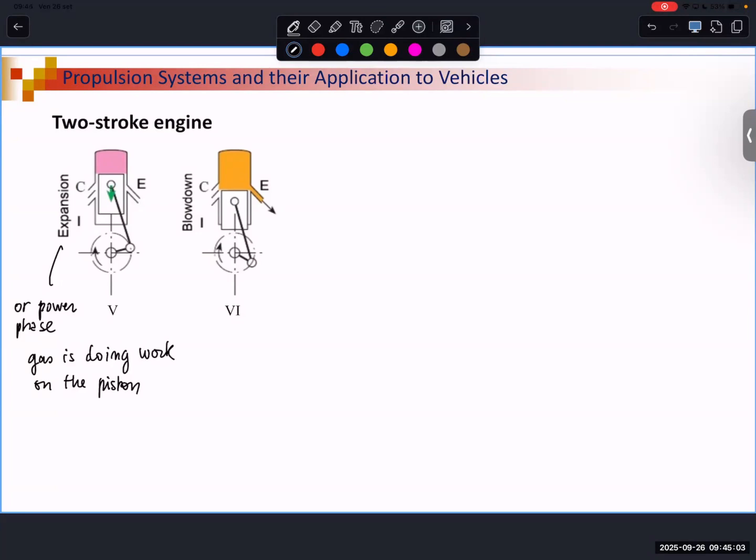Once the piston is going down, the piston is discovering or opening the exhaust port. And so we have the blowdown process.